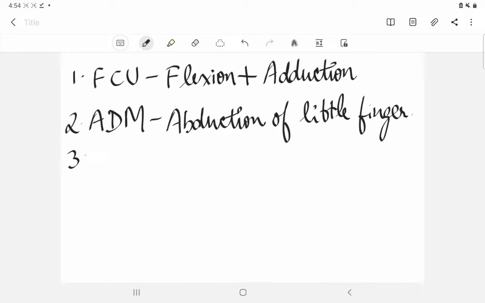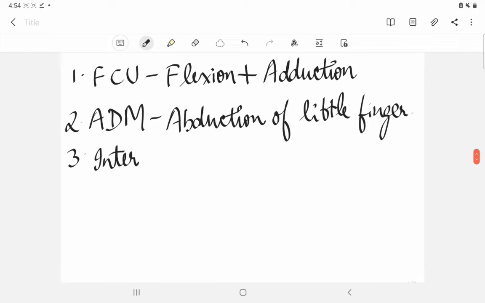Now we'll talk about the muscles supplied in the hand. The muscles supplied in the hand include the interossei muscle. The action of the interossei muscle is basically adduction and abduction. Now we said that there are two interossei, the palmar interossei and the dorsal interossei.